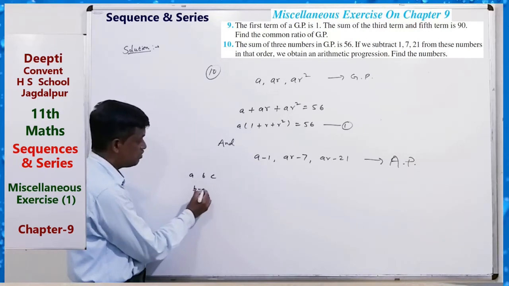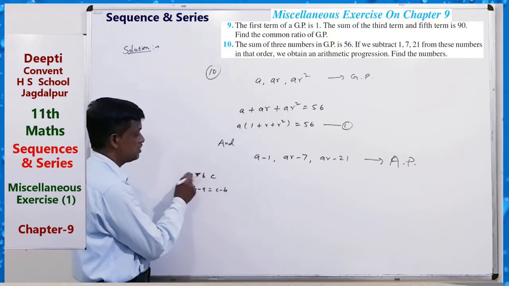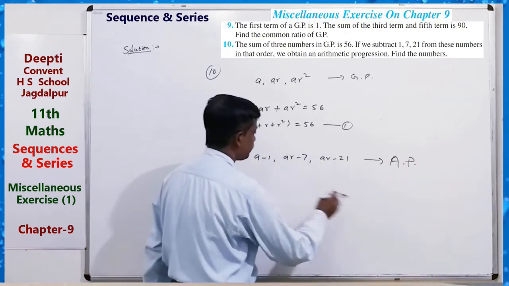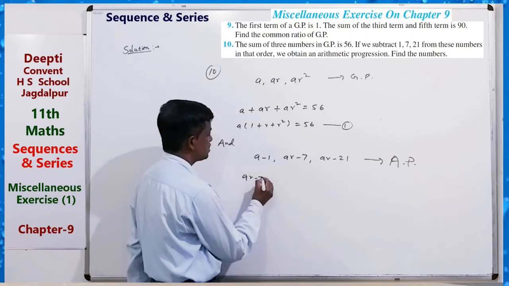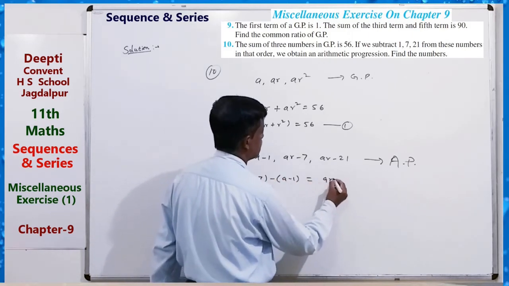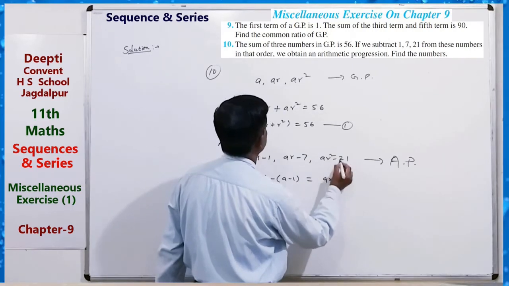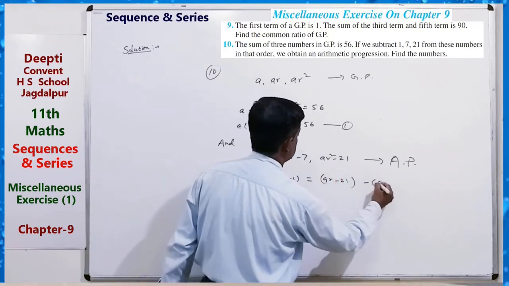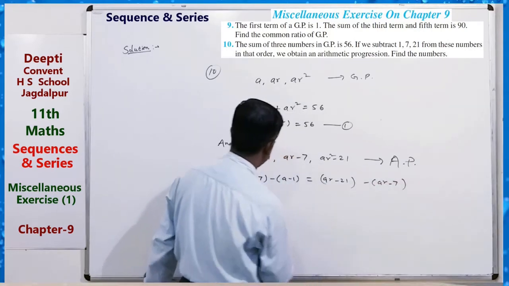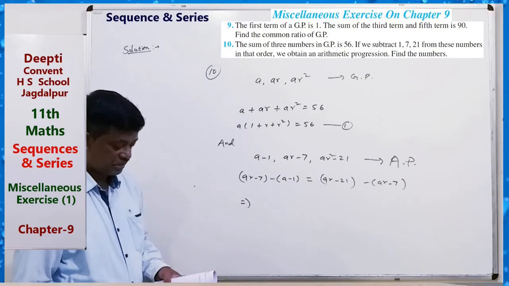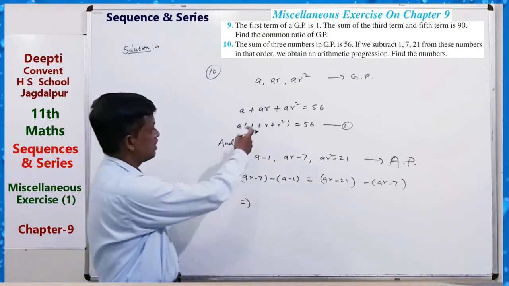If A, B, C are in AP, then B minus A equals C minus B. So we can write AR minus 7 minus (A minus 1) equals AR square minus 21 minus (AR minus 7).